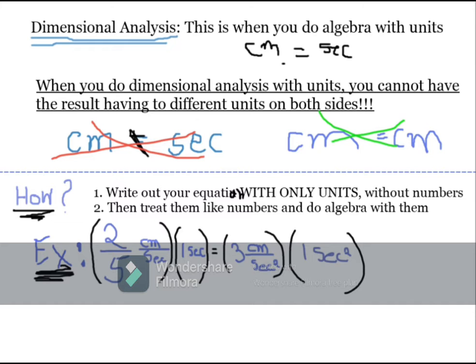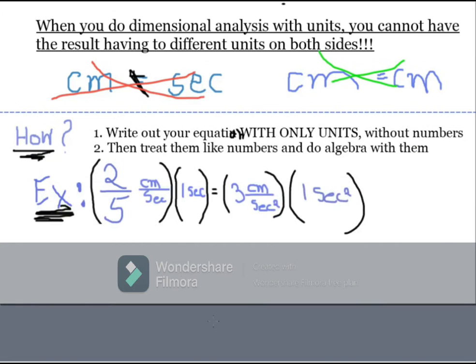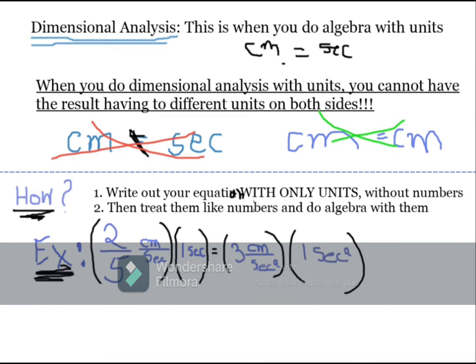Those are the steps of doing dimensional analysis. So first, since you remove the numbers, you get centimeters over seconds times a second is equal to centimeters per second squared times a second squared.